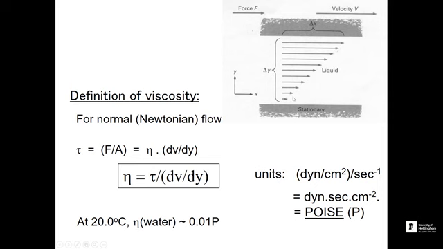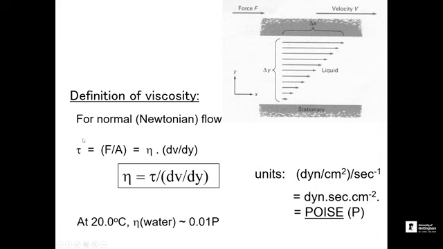So this gradient of velocity is given by dv/dy, the change in velocity with change in distance in this direction, okay? dv/dy. So how this velocity changes as a function of this distance here.